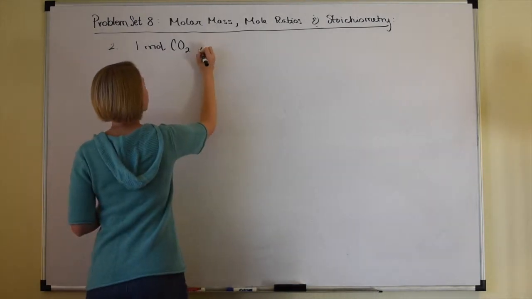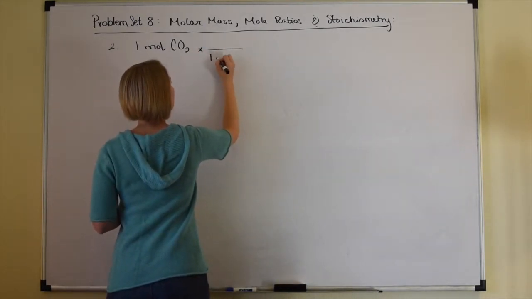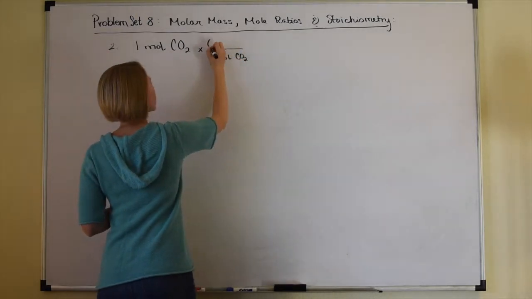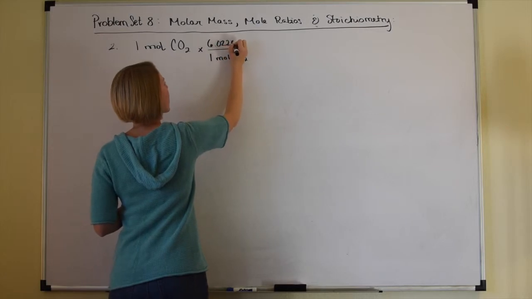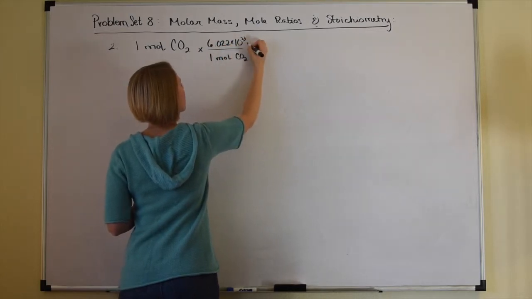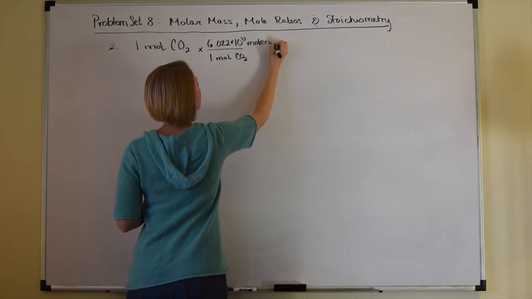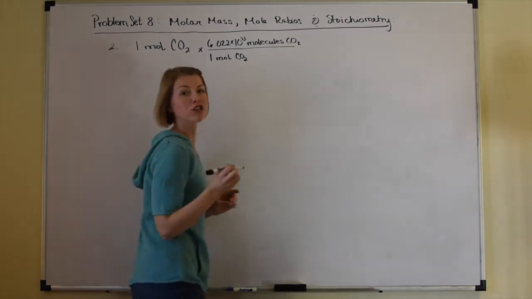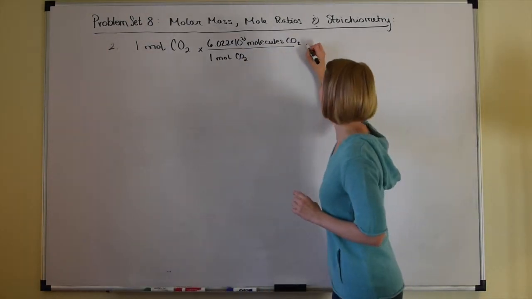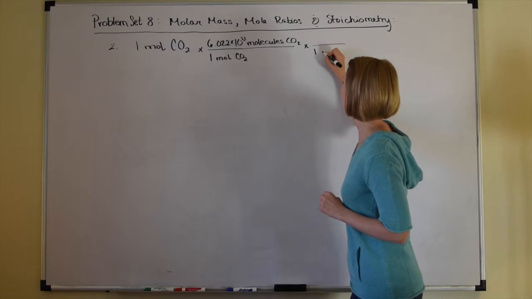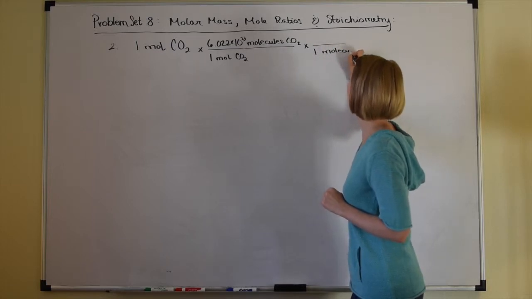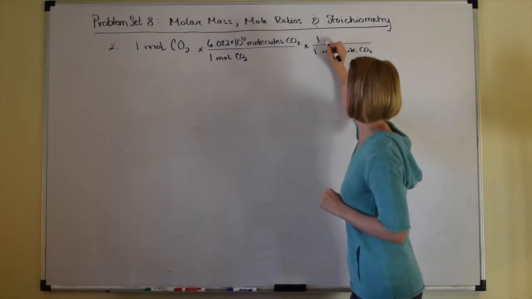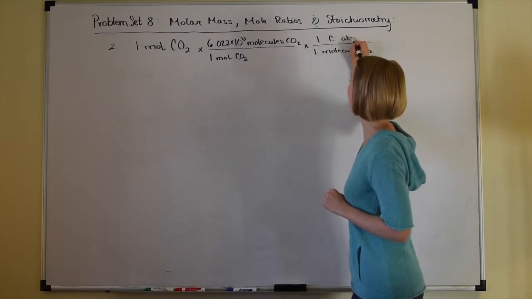In 1 mole of CO2, there are 6.022 times 10 to the 23rd molecules of CO2. Avogadro's number for the mole. And in every 1 molecule of CO2, there's just simply 1 carbon atom.